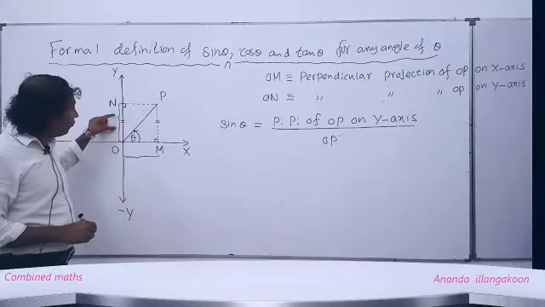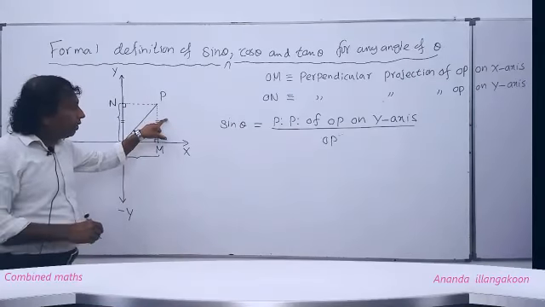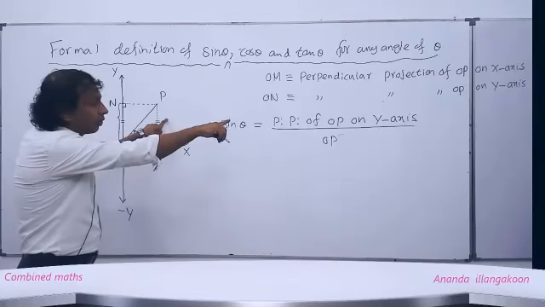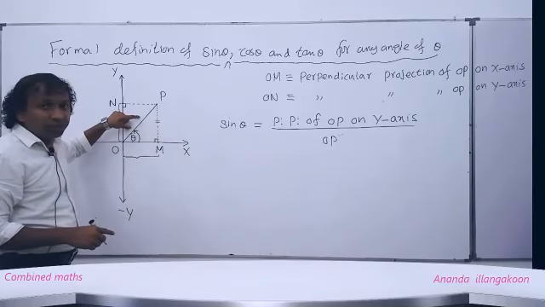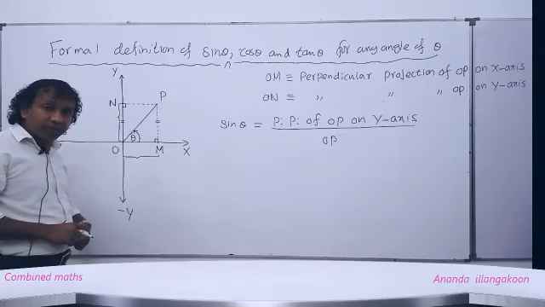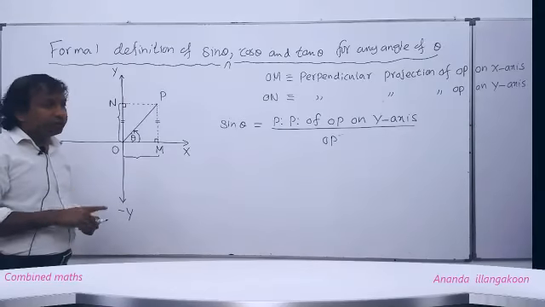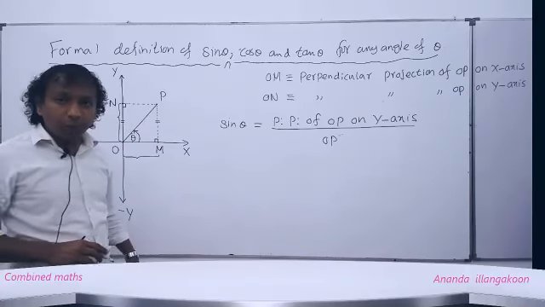Then we can use PM instead, so PM divided by OP, opposite by hypotenuse, no? So remember, the sine theta definition is the perpendicular projection of OP on the y-axis divided by OP.